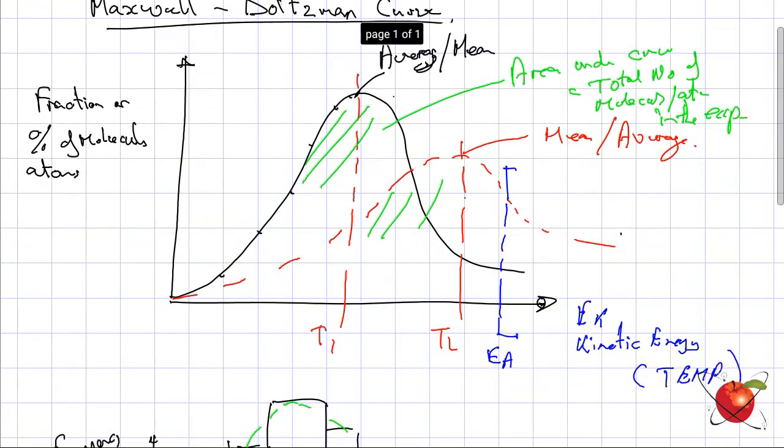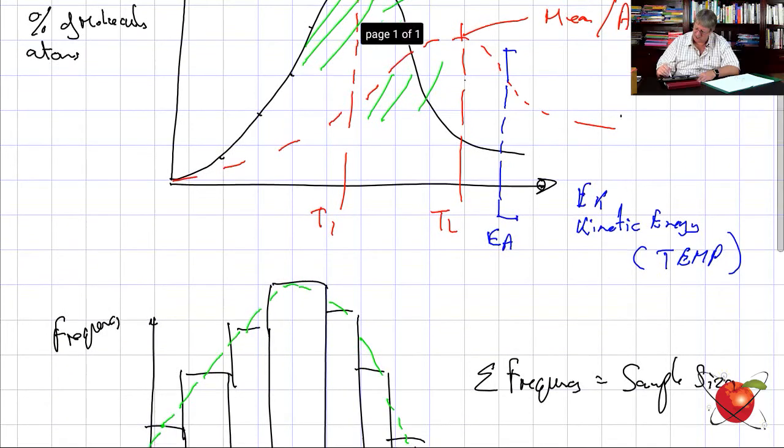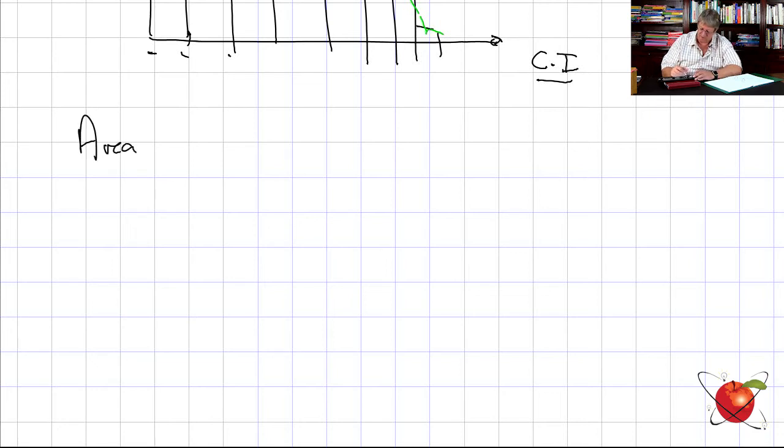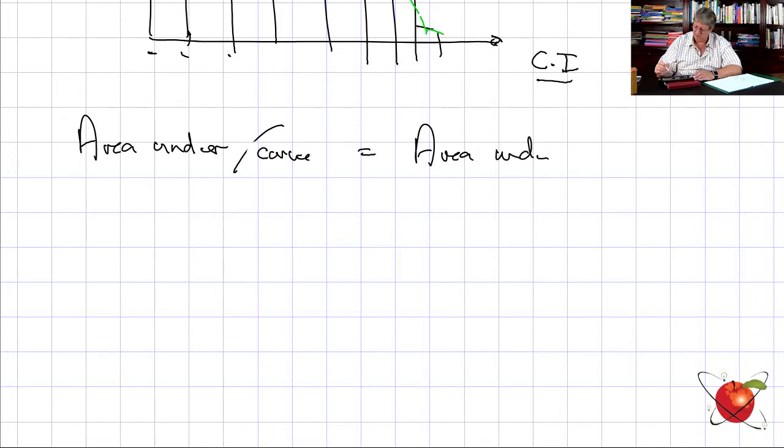So what we're saying is that the area under the black curve must be equal to the area under the red. I'm actually going to write that in red.